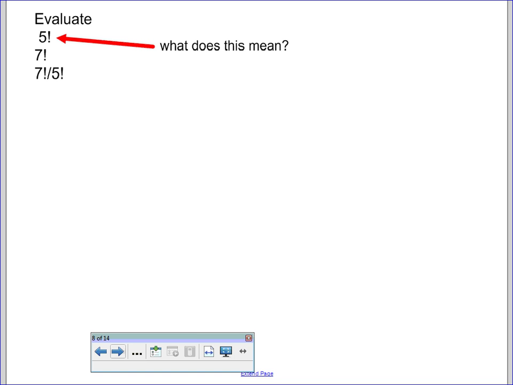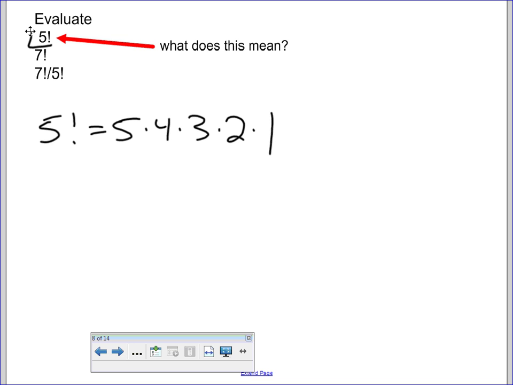First of all, if you see this, what does that mean? You read that as 5 factorial. It is not 5! Right? It's 5 factorial. And 5 factorial is 5 times 4 times 3 times 2 times 1. 7 factorial would be 7 times 6 times 5 times 4 times 3 times 2 times 1.